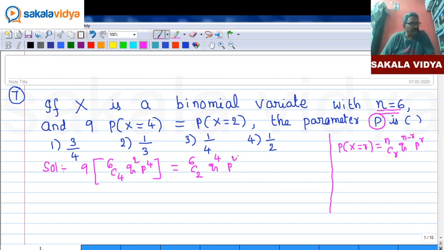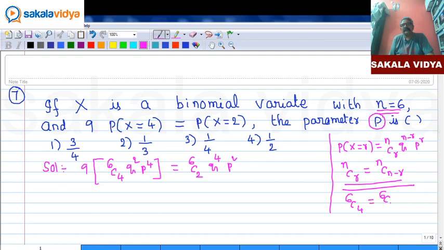So, in binomial theorem we have one interesting formula, nCr equals nC(n minus r). Using this formula, 6C4 is same as 6C(6 minus 4), 6C2. That means 6C4 gets cancelled.